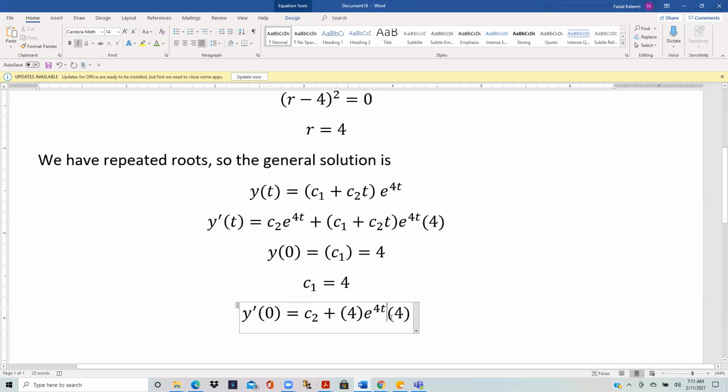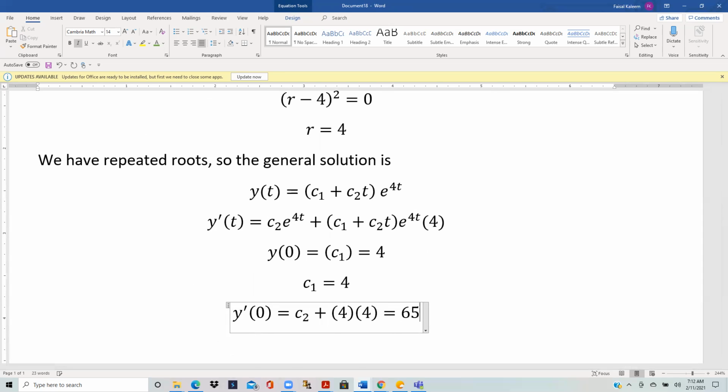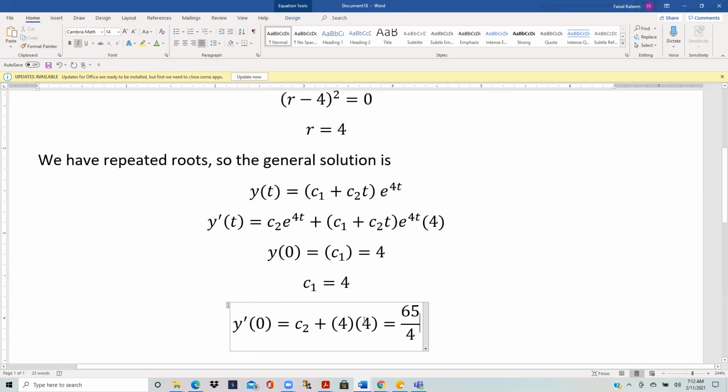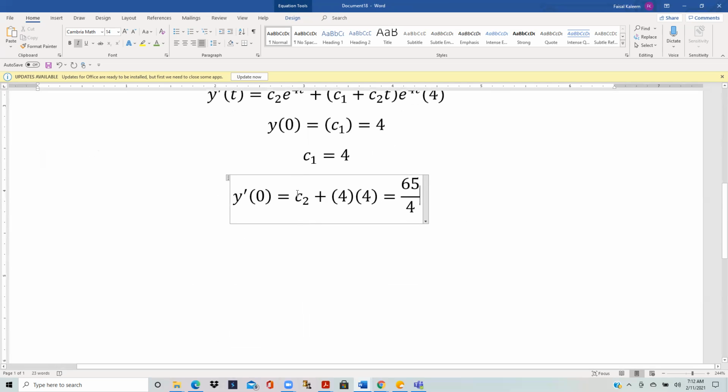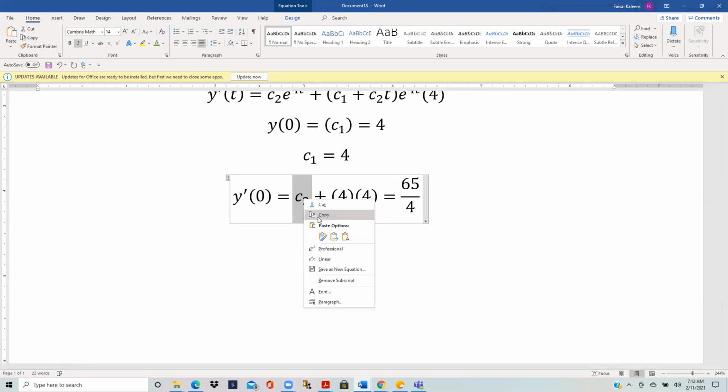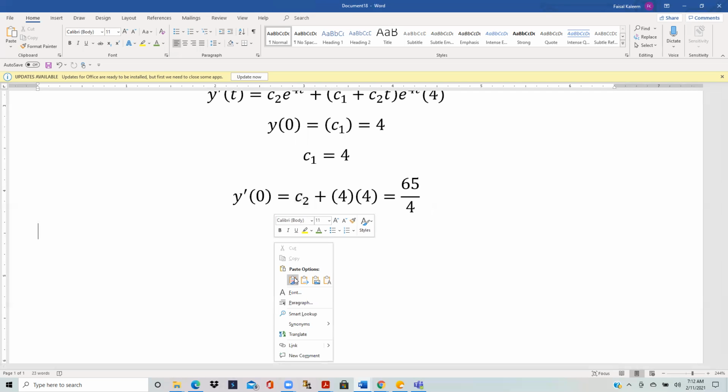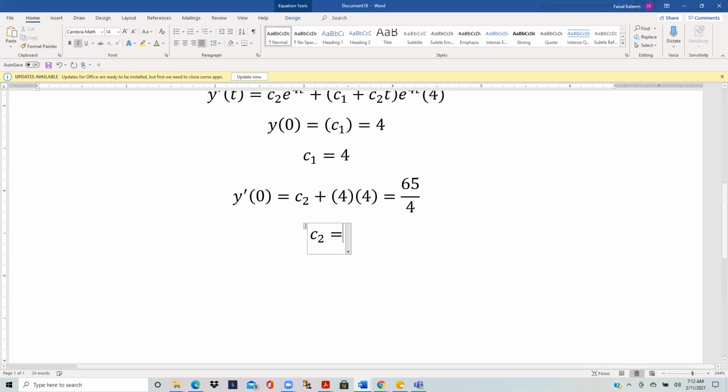And the y prime 0 is 65 by 4. And so this is 16. So C2 will be 65 over 4 minus 16, which is equal to 1 over 4.